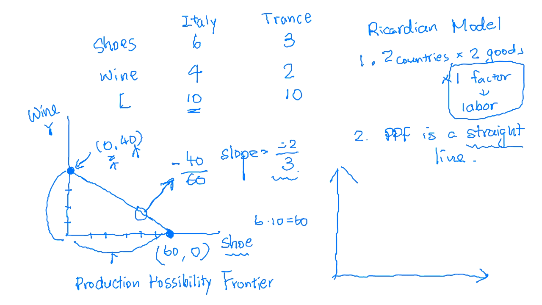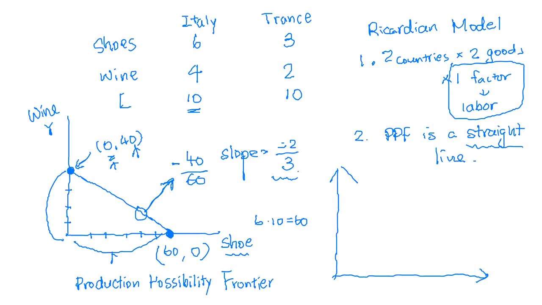This is the opportunity cost of producing a pair of shoes in Italy. So slope means a lot. Slope could be the opportunity cost, could be the ratio between the marginal productivity of labor of two goods, and furthermore, the slope represents the relative price of two goods.